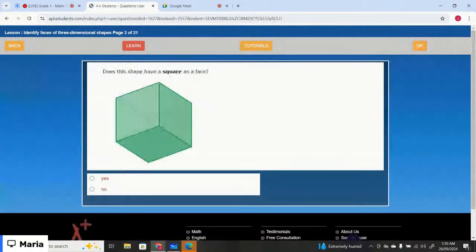Does this shape have a square as a face? Yes, all the faces of the shape are square. The correct option is yes.